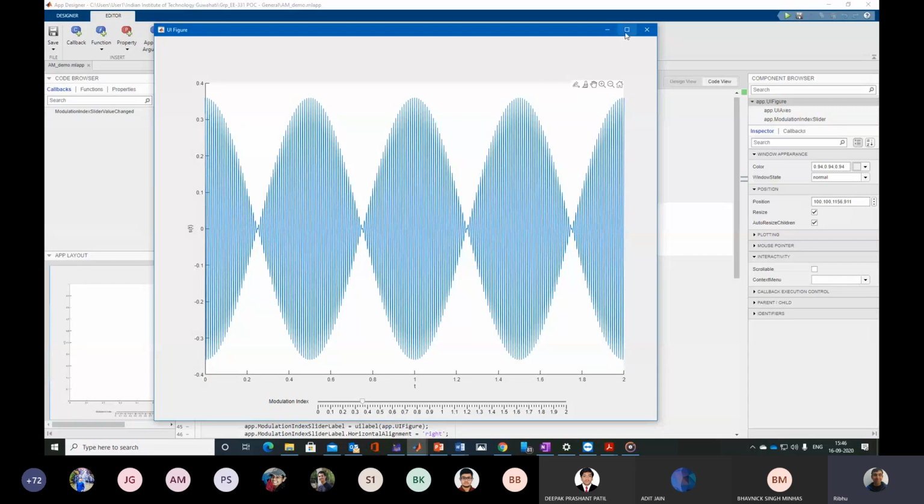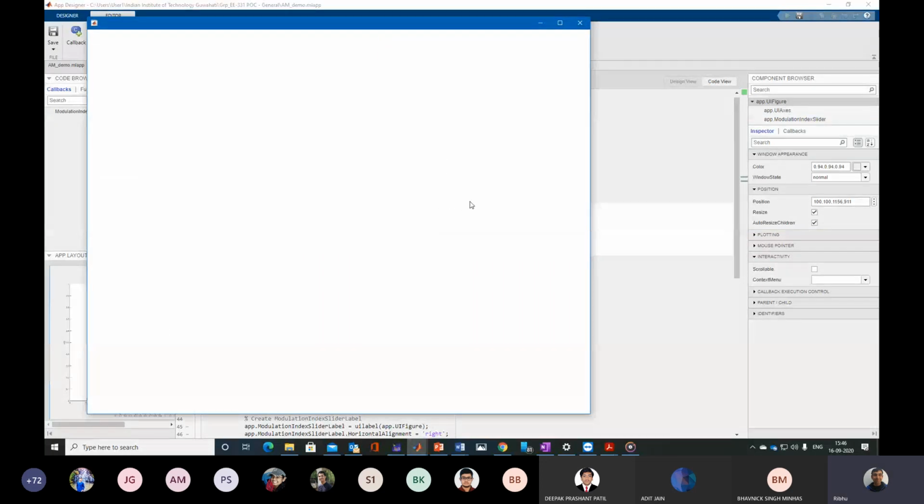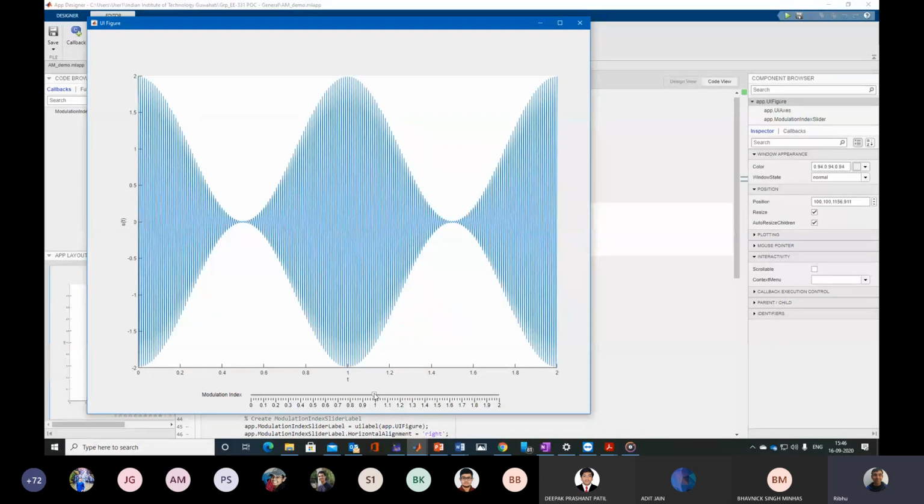There is something important that I want you to see. Let me do this first for a regular AM signal. This is a regular AM signal, right? And I move the modulation index to 1. You see that this looks almost exactly the same as that signal.